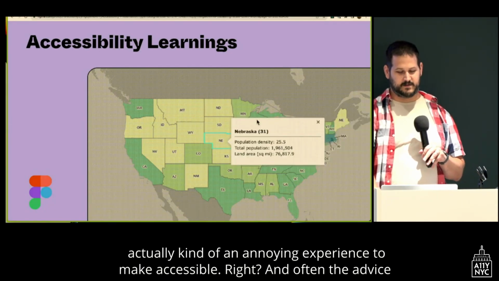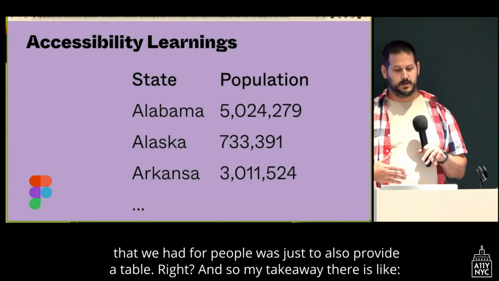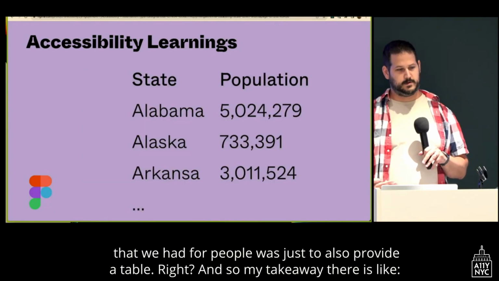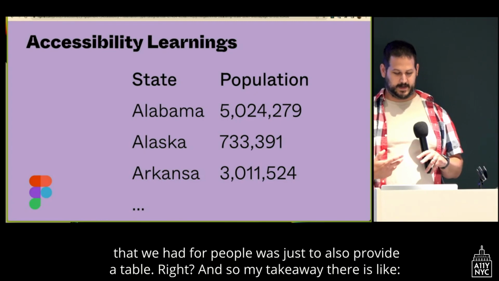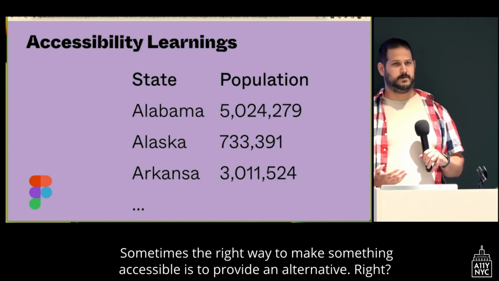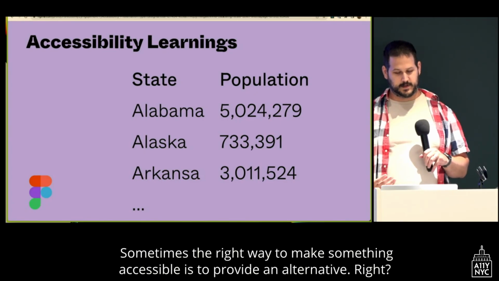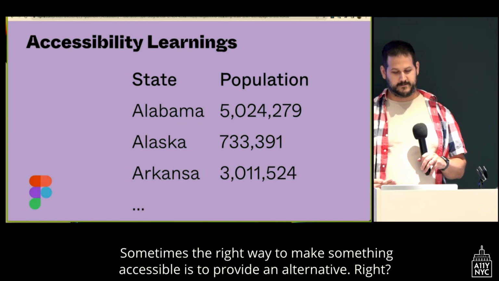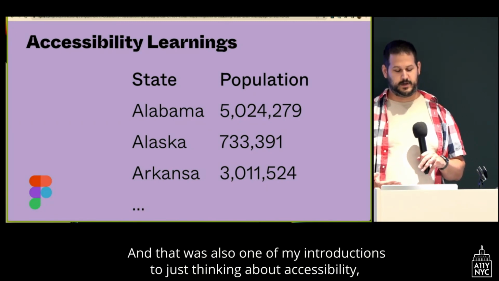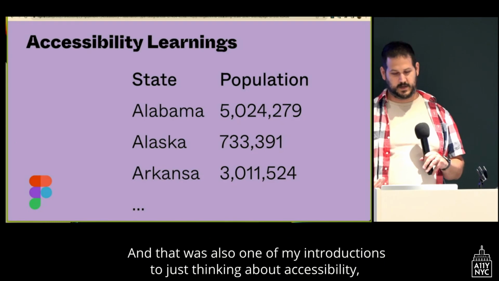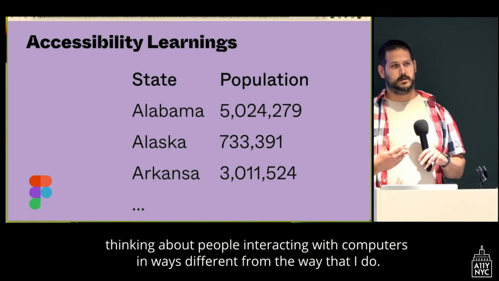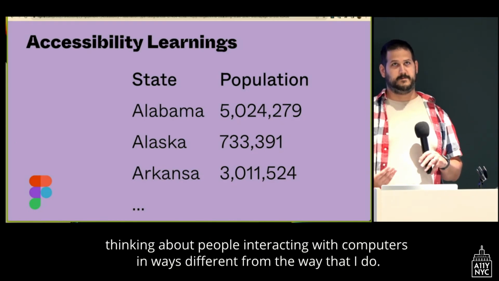Often the advice that we had for people was just to also provide a table. And so my takeaway there is that sometimes the right way to make something accessible is to provide an alternative. That was also one of my introductions to thinking about people interacting with computers in ways different from the way that I do.